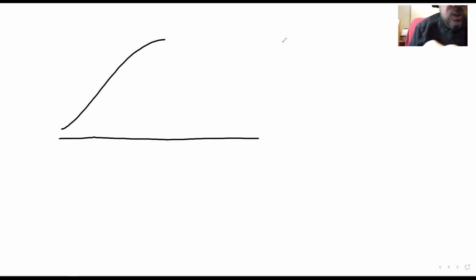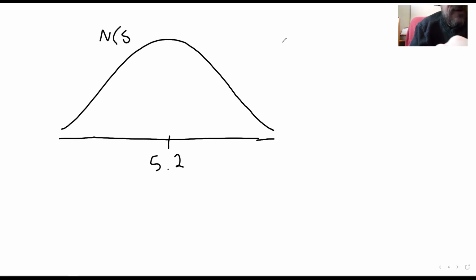So what I want to do is graph the distribution of M minus W. Right, so here's my distribution. It's normally distributed. Its mean is 5.2, and the standard deviation, 3.466, is this.